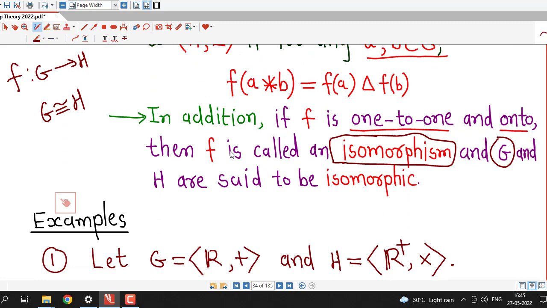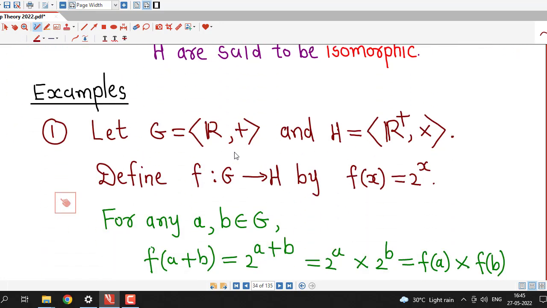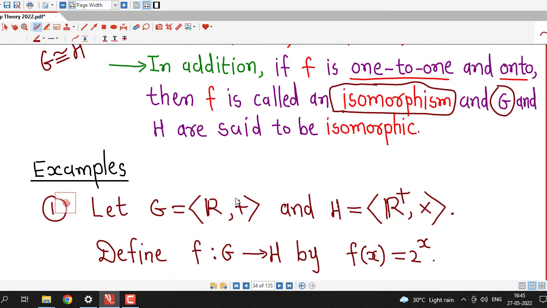Now we understand this definition with the help of this example. Suppose we consider two groups, G equal to the set of real numbers under addition and H equal to the set of positive real numbers under multiplication, and we define a function from G to H by f of x equal to 2 raised to x.